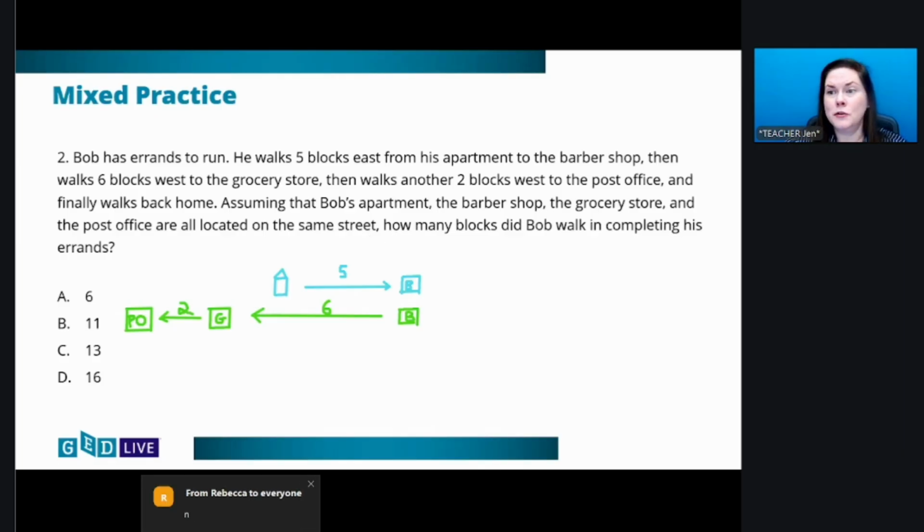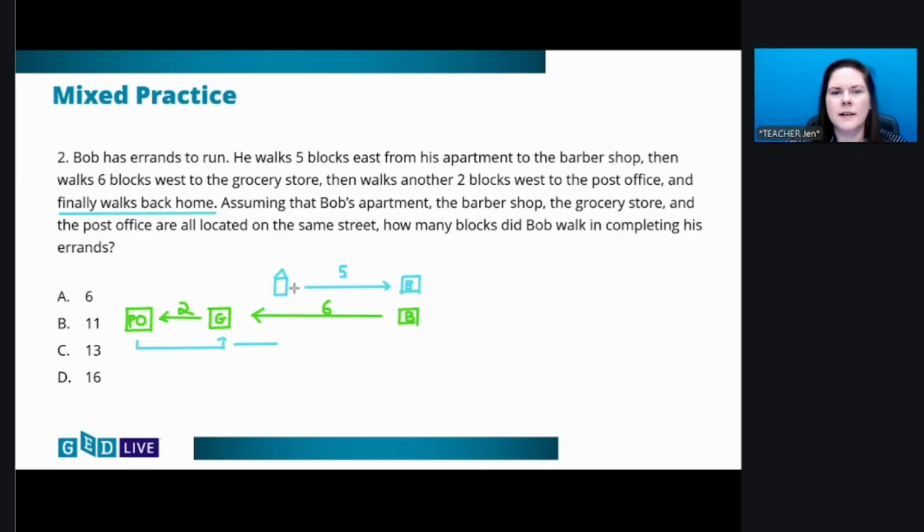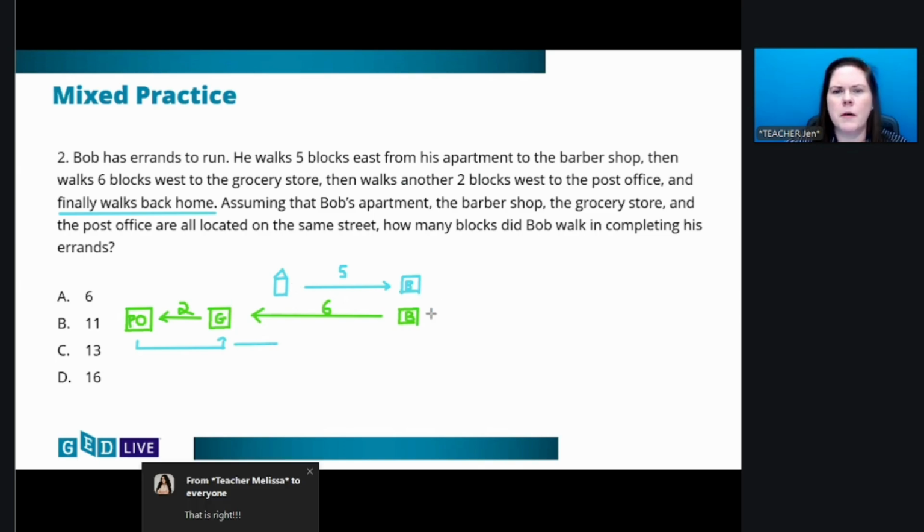He's not. You're absolutely right. He's not, because look what happens. Then he walks back home. Fortunately, we have a picture, right? So we can figure out how far it is back to his house. So from the post office, back to the grocery is 2. And then back to his house is going to be 1 more, because remember, the house is 5 blocks from the barber shop, and then 6 to the grocery.